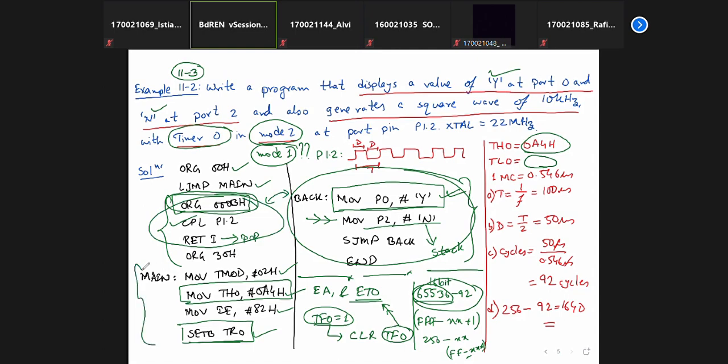You never come back to this line, simply because this is auto reload. If it were not auto reload, then every time you finish the counting, you had to come back to this line. That's what you will see in example 11.3. If it is not auto reload, then you need to repeatedly come back and load the values in TH and TL again. Is it okay?